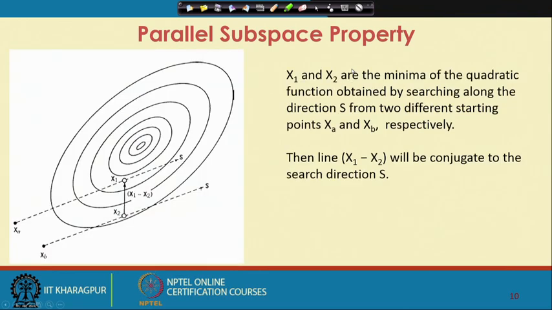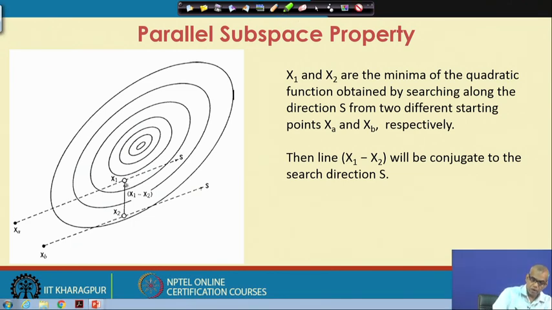Now, this can be represented schematically as shown in the figure. Look at this point x 1 and x 2. So, x 1 and x 2 are the minima of the quadratic function obtained by searching along the direction s from two different starting points x a and x b.